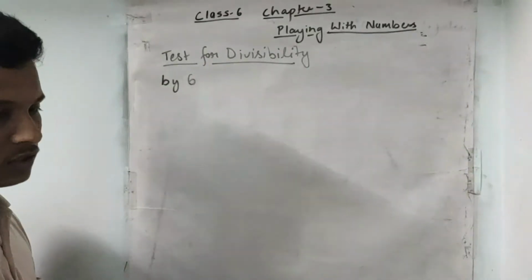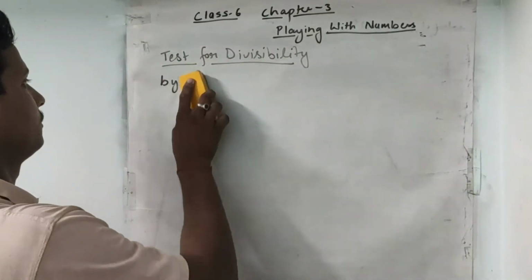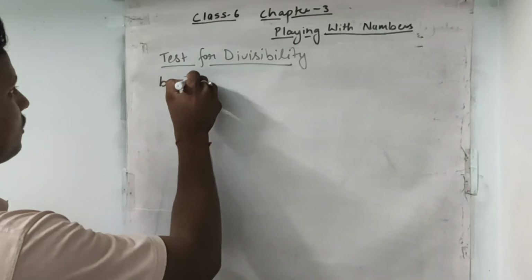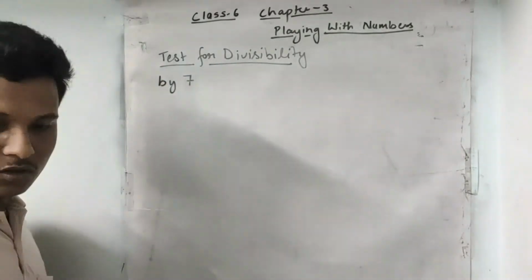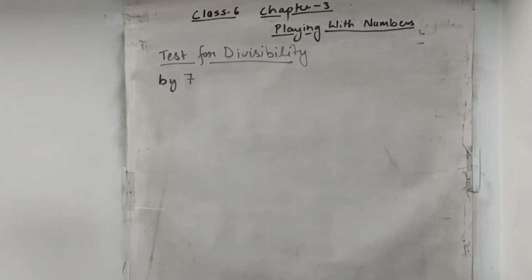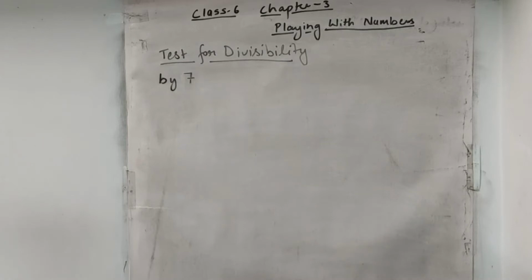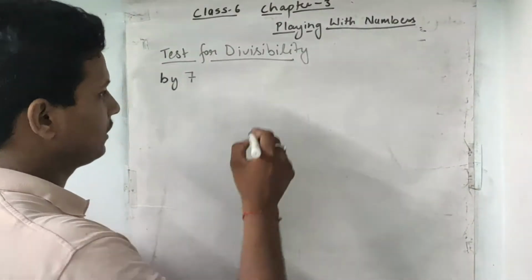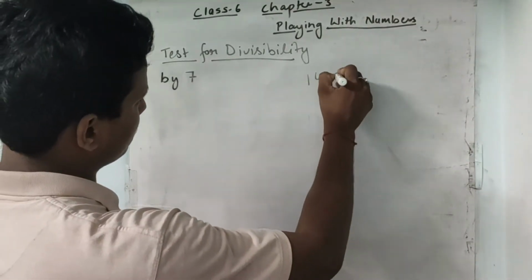Okay, now moving to the next part, 7, and that is the most important part of this divisibility thing, that is divisibility by 7. So what we need to do here, like 147 is given.